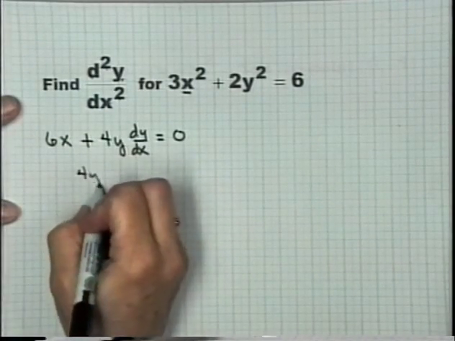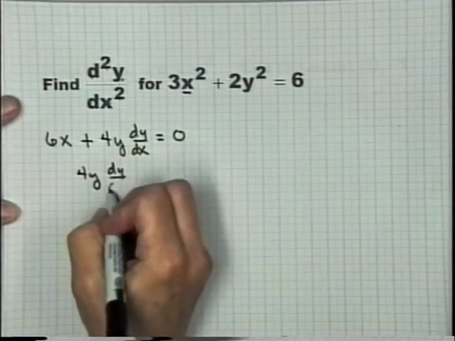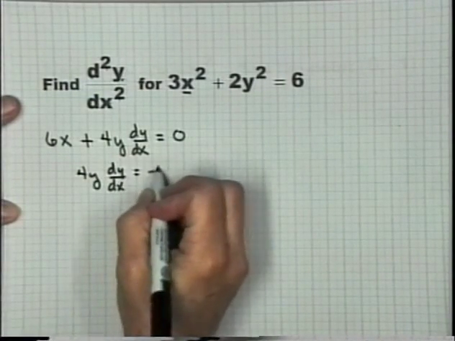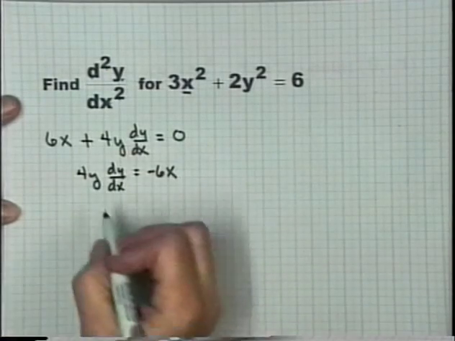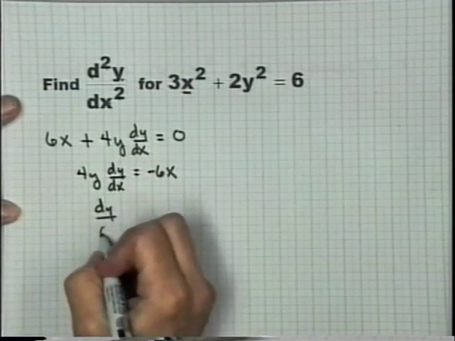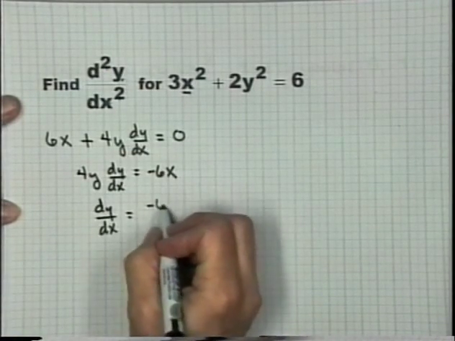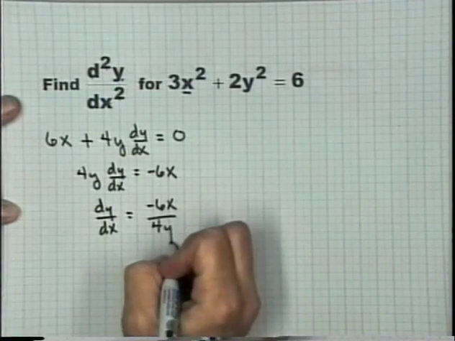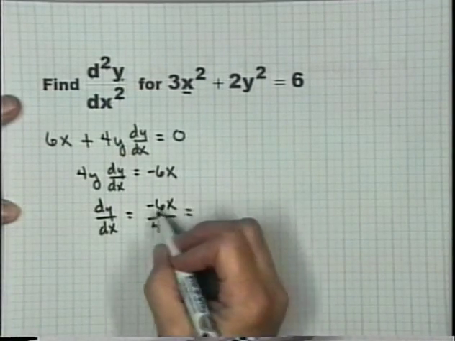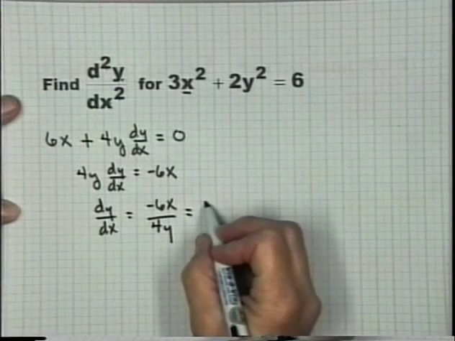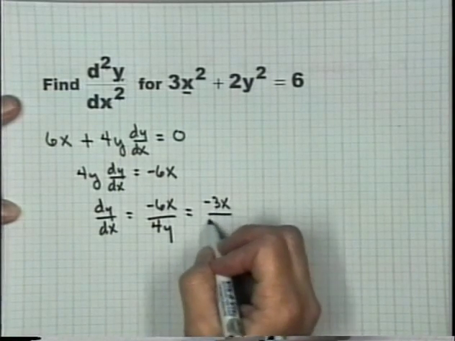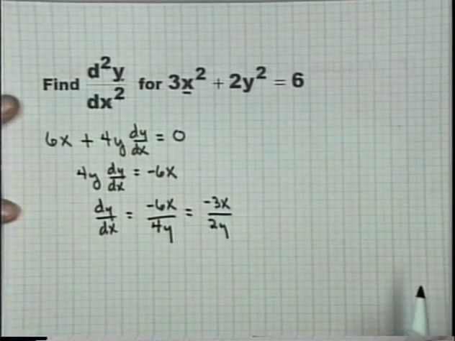So 4y times dy dx would equal negative 6x, and then we'll divide. Dy dx equals negative 6x over 4y. Now I can do a little reducing here. We can divide by 2's, numerator and denominator, negative 3x over 2y.